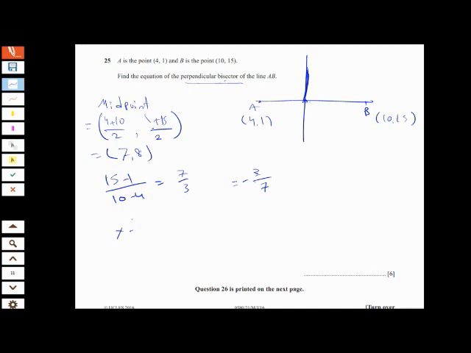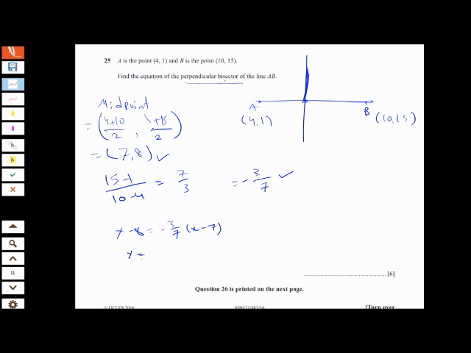Okay, now we have the gradient and we have the point. So all you have to do now is write down the equation, which is y minus y1 equals m times x minus x1. So y minus 8 equals negative 3 over 7 times x minus x1, which is minus 7.